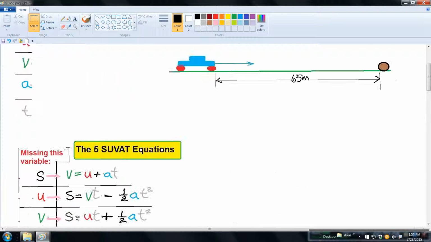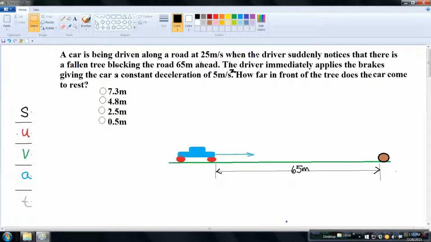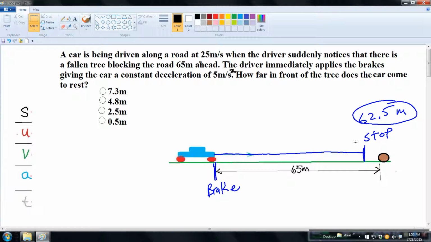So the car stopped after hitting the brakes. Hit the brakes here, and the car went, it stopped at 62.5 meters. So it stopped right there.